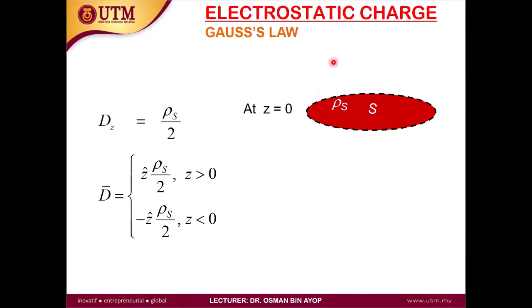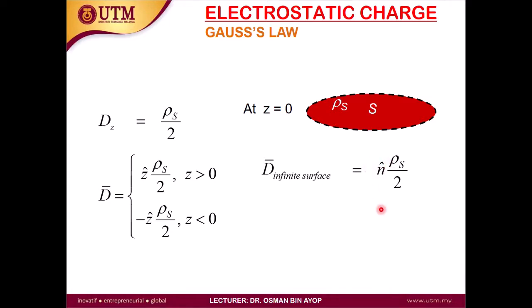Here we have the positive z direction, and here the negative z direction. Lastly, we can define D of the infinite surface equal to n rho s over 2, where n is basically the normal to the surface, going up or down.